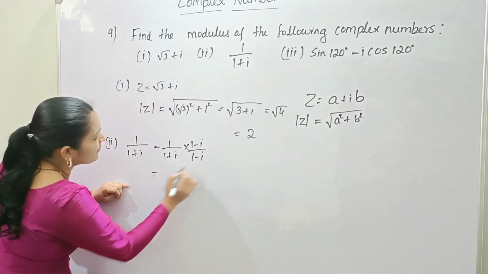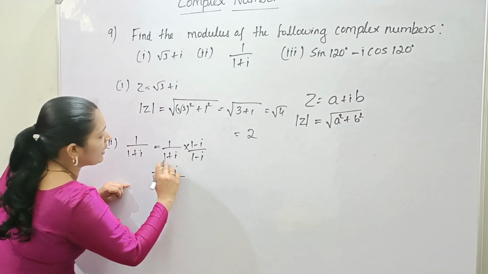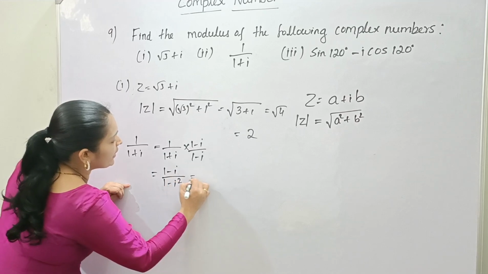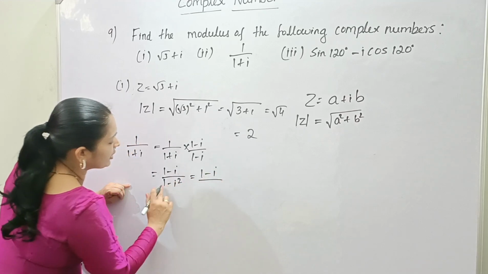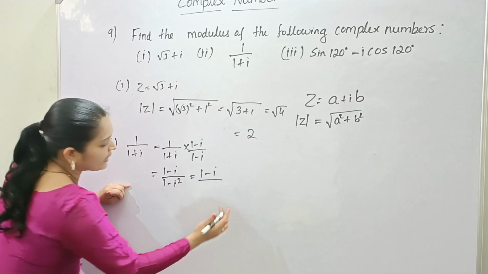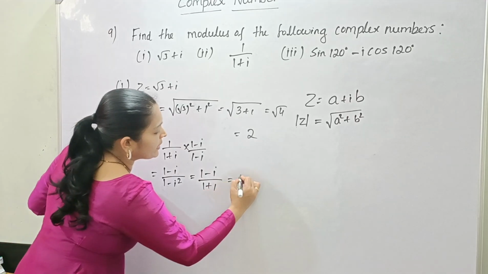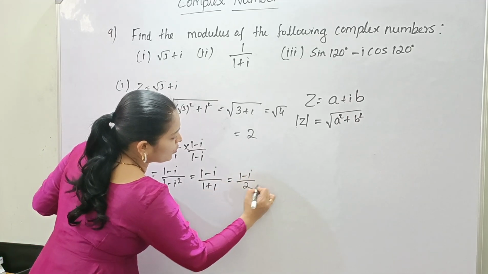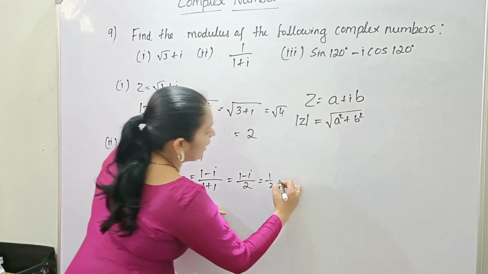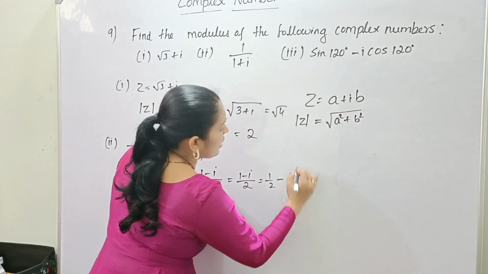Then simplify: 1 minus i divided by 1 minus i square, that is 1 minus i divided by, i square value is minus 1, so 1 plus 1, that is 1 minus i divided by 2, that is 1 by 2 minus 1 by 2 i.